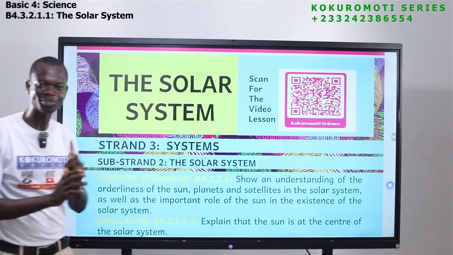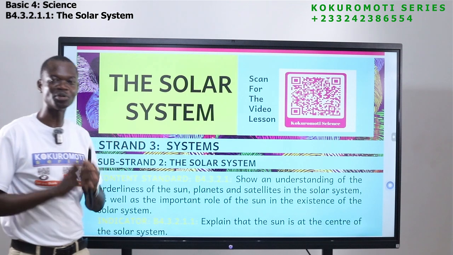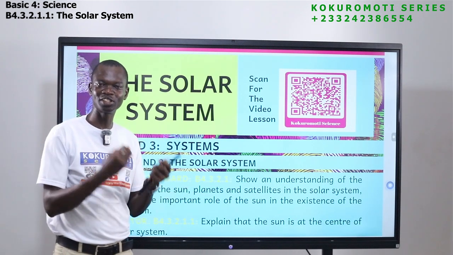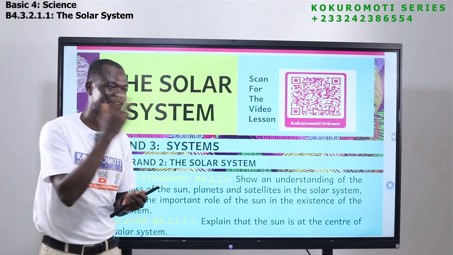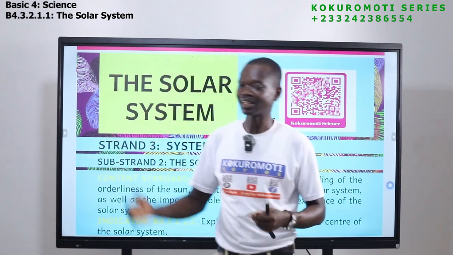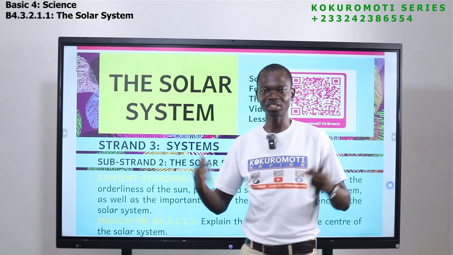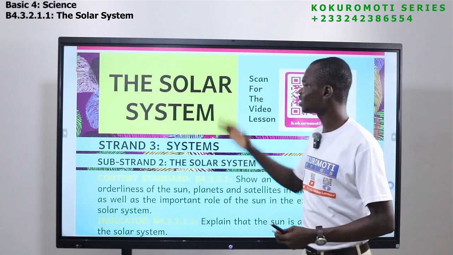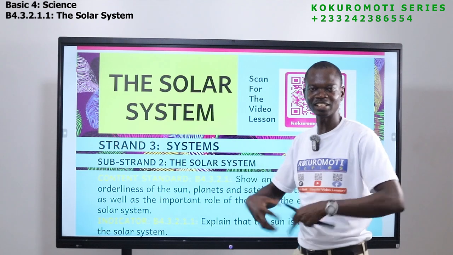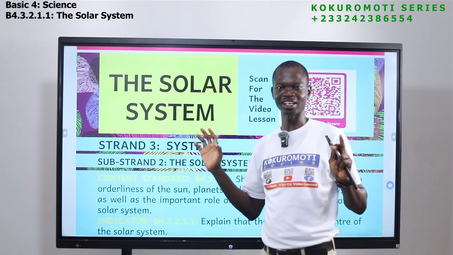So today's topic is going to be an interesting thing. We all use the sun. We see the sun every day. We use it to do so many things. Without the sun, we cannot see. Without the sun, we can't dry our things. Without the sun, plants and animals will suffer and die. So today we are looking at the solar system, the sun and other parts that come together to work.